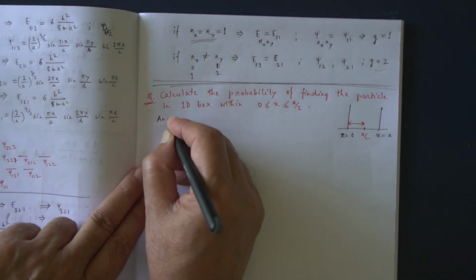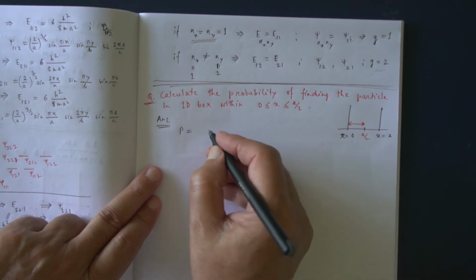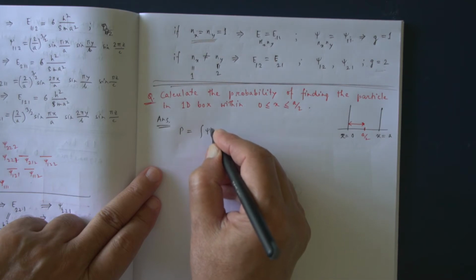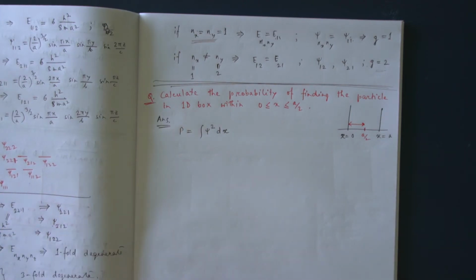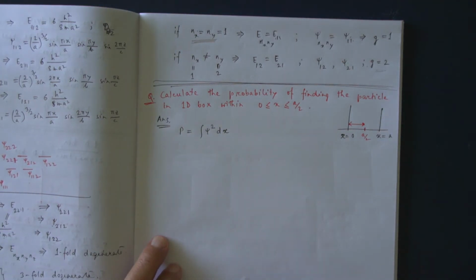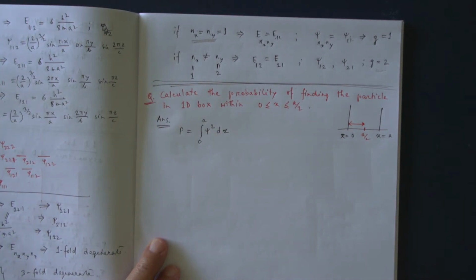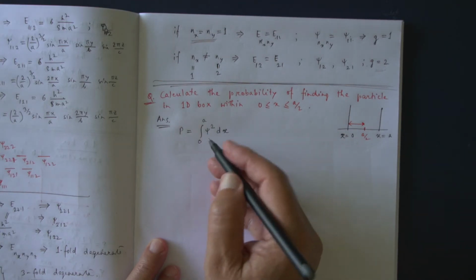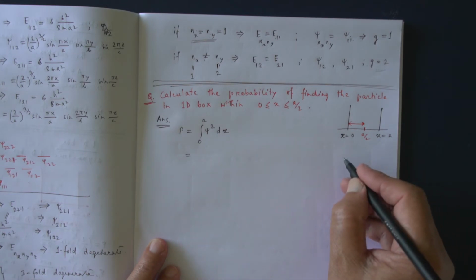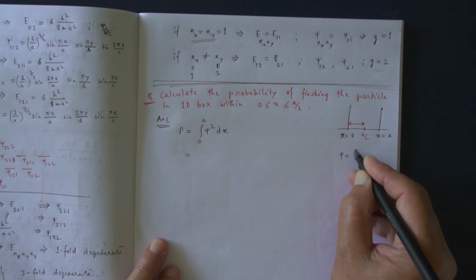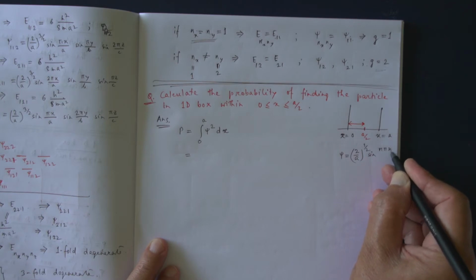We know that probability is equal to psi square dx, and here the limit is from 0 to a. We know the value of psi: psi is equal to (2 by a) whole to the power half sine n pi x by a.